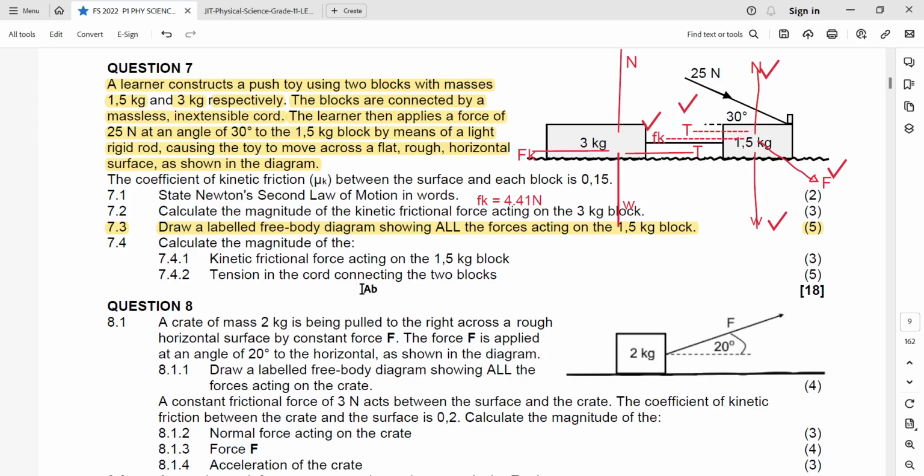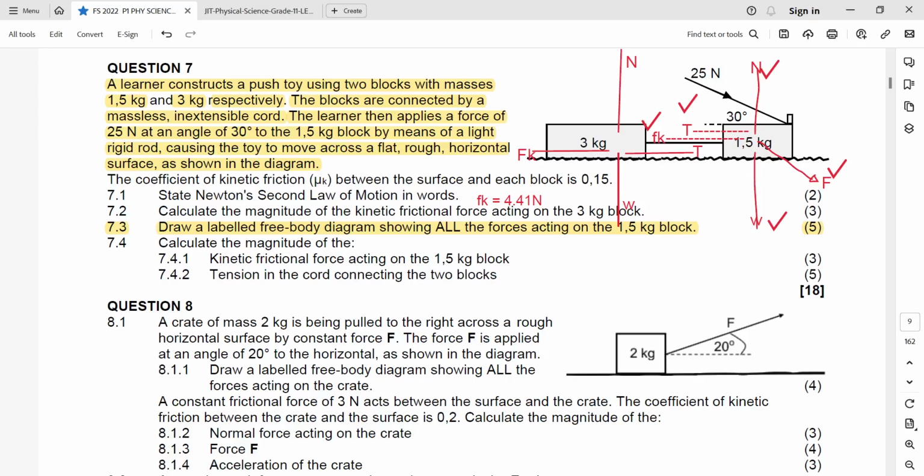You see, where is the kinetic frictional force? Like I said, we have forces acting on the object there. So we have to look into those forces and see how we can relate them to the 1.5 kg block.